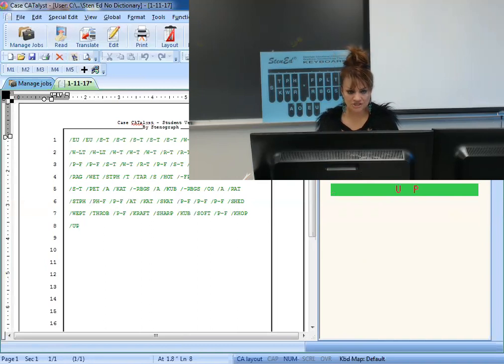Hot shot. Hot stuff. Hot tar. Hot spell. Wet spell. Wet rag. Sharp rod.